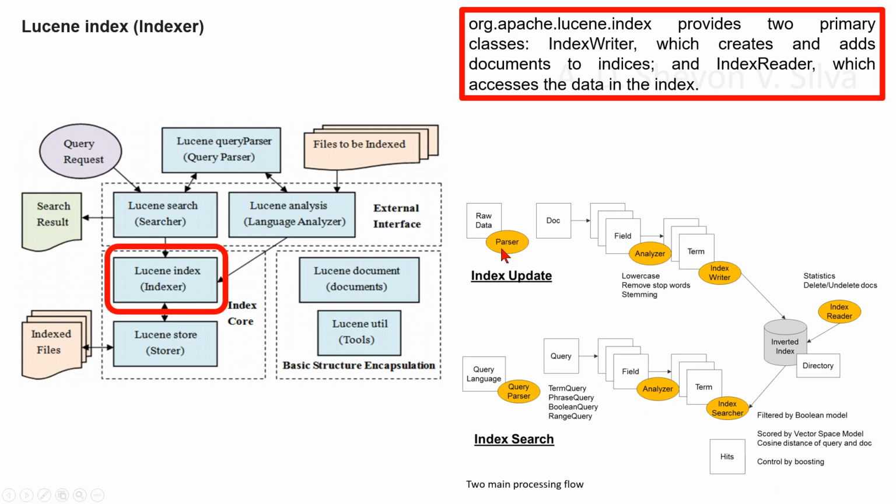Document indexing: given a document, add it into the index. And document retrieval: for a given query, retrieve the most relevant document from the index.